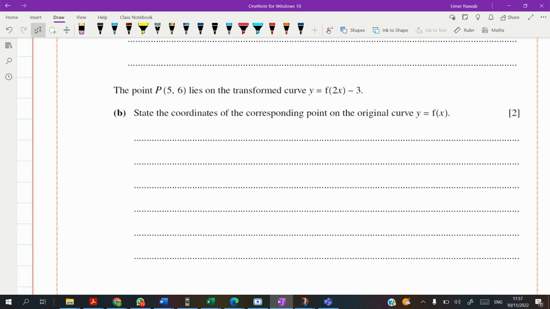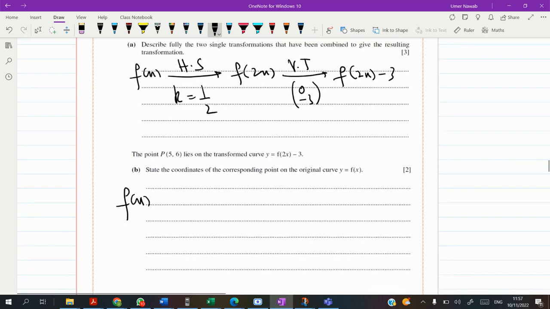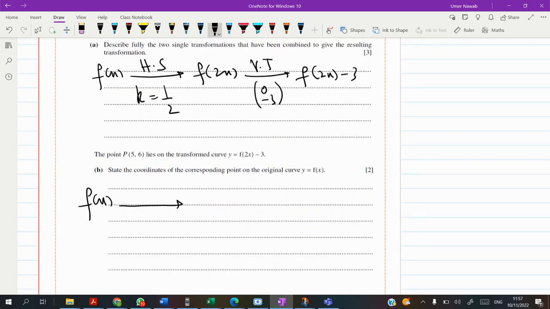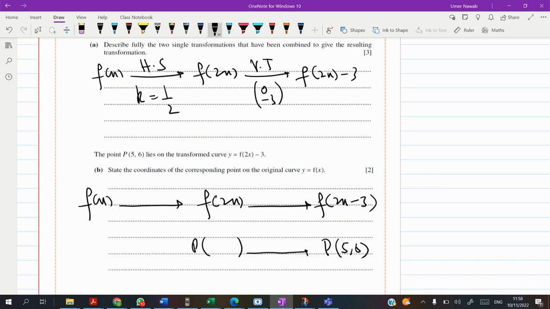There is a point on the transformed curve, and you move from f of x to f of 2x, and then you move to f of 2x minus 3. Your point is here, (5, 6). Can you find this point?